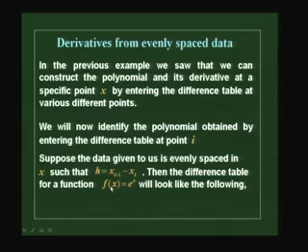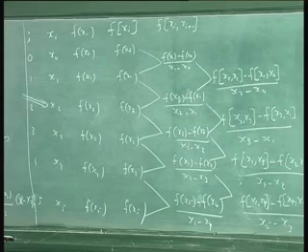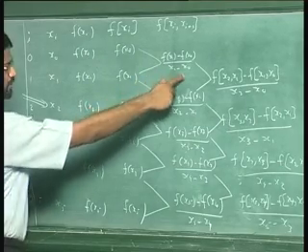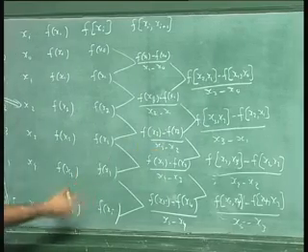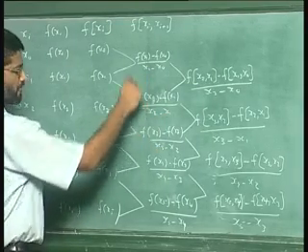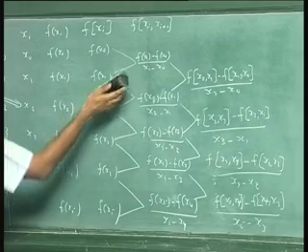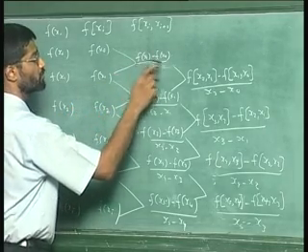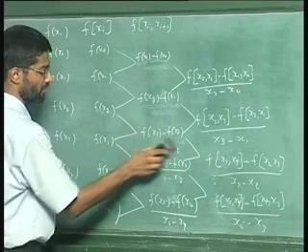Now in this case, as I said, the difference table is a little simpler. Since x1 minus x0 is equal to x2 minus x1 is equal to x3 minus x2, there is no need to keep those things here. We do not need to divide here, so we can actually remove those points, because we know that's a constant.